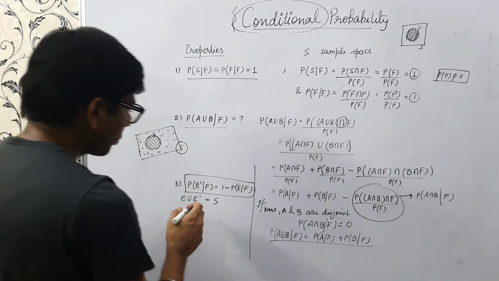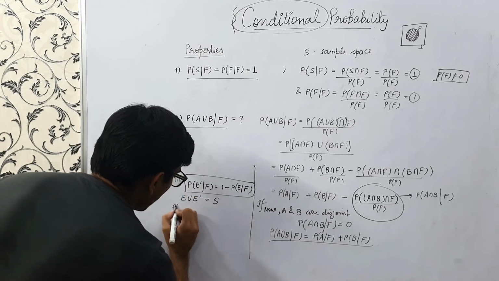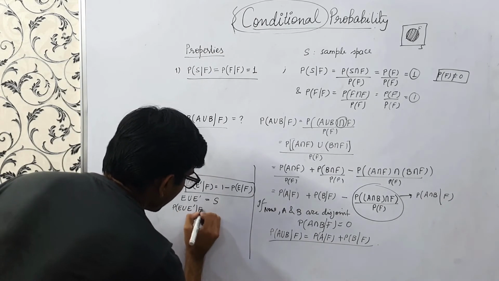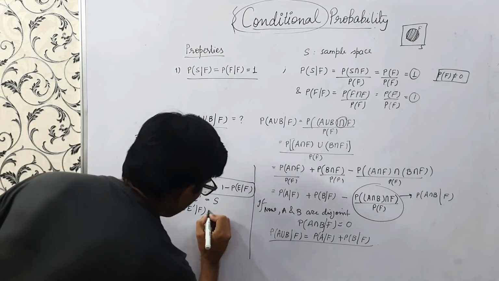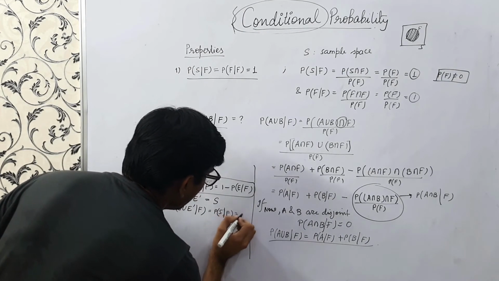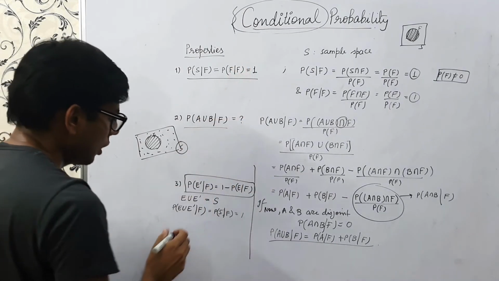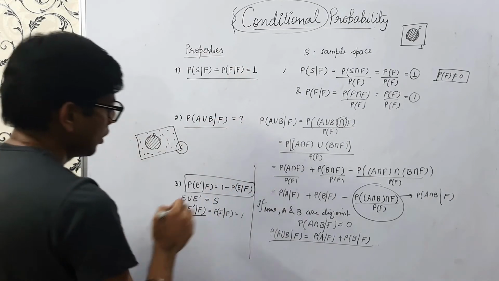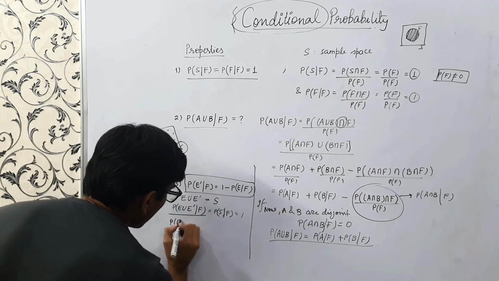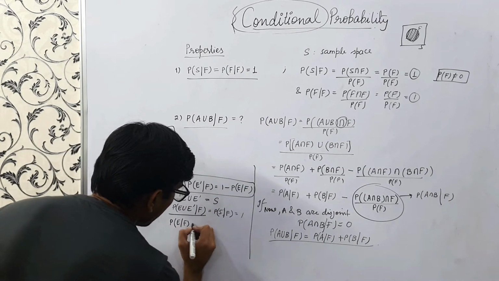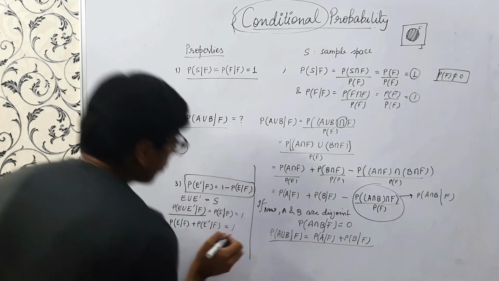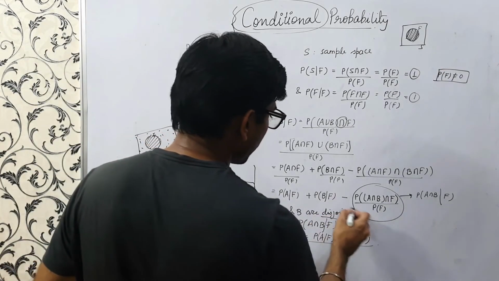So suppose I write probability of E union E dash given F equals probability of S given F equals 1, using the first property. Now using the second property, this is nothing but probability of E given F plus probability of E dash given F, because these are disjoint events.